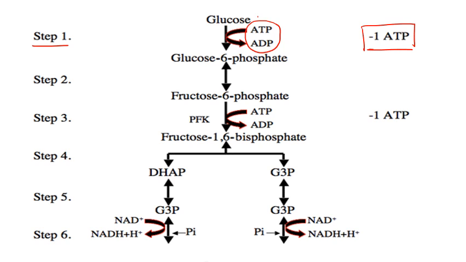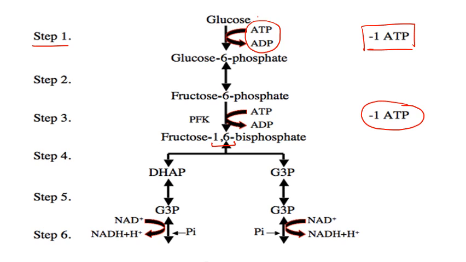In the second step, glucose 6-phosphate is getting converted to fructose 6-phosphate with the help of the enzyme phosphoglucoisomerase, right? In the third step, fructose 6-phosphate is getting converted to fructose 1,6-bisphosphate. That means again addition of phosphate takes place, right? And this addition means phosphate is added to fructose 6-phosphate from ATP.